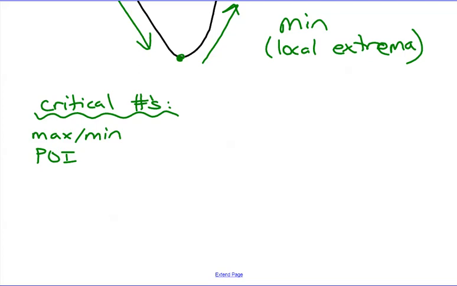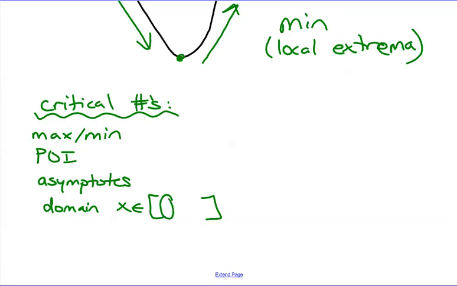Any, say, asymptotes. And then also I think the limits of your domain. You know when they give you something like this, where I want to talk about from here to here, this and this would be the limit of your domain. So those are also important numbers.